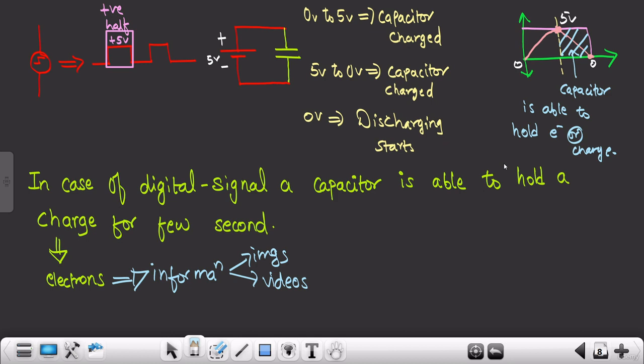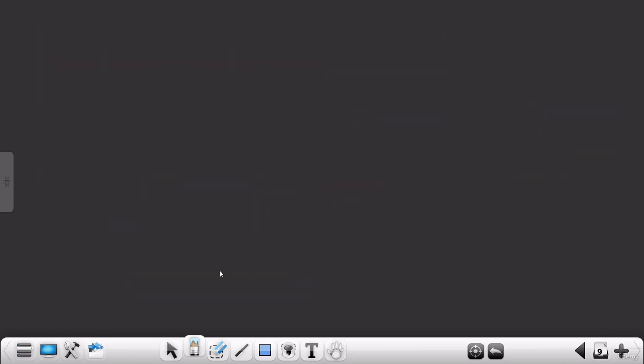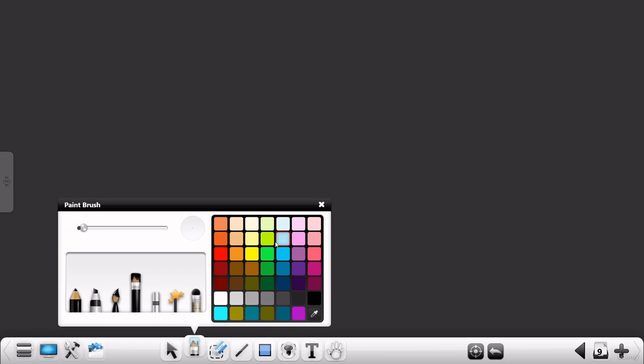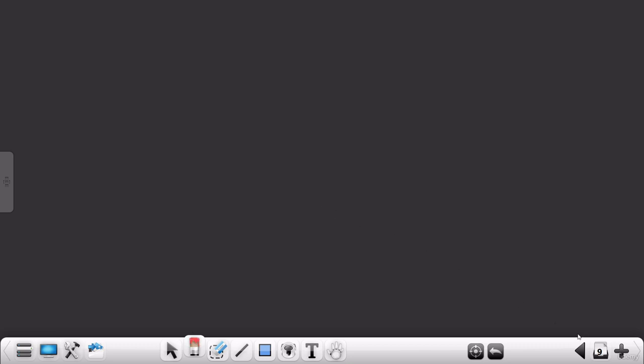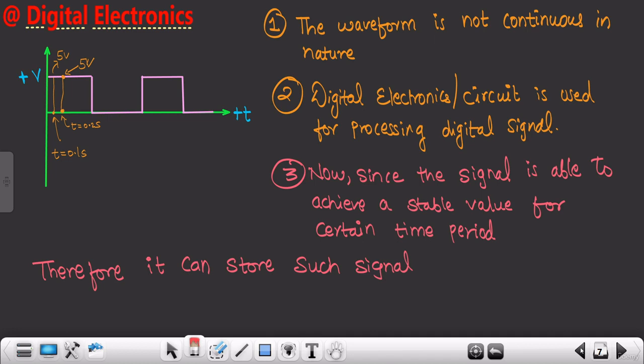Okay, and the next point is that, since we are dealing with only this one frequency of the signal, this was your third point, right?